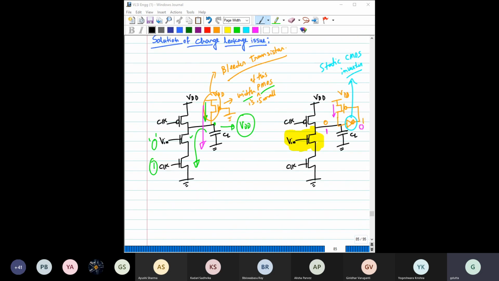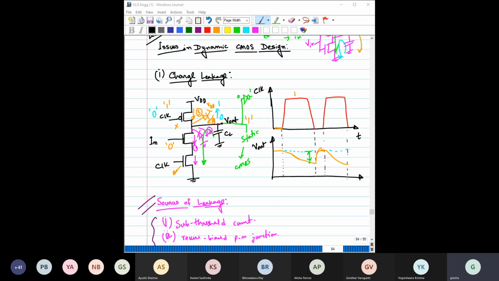So in the last class we were discussing different issues in dynamic CMOS logic design. The first one was the charge leakage issue. We have understood that because of subthreshold leakage as well as the reverse-biased PN junction, the charge stored in the capacitor CL, which is basically the input capacitor of the next stage, can be lost.